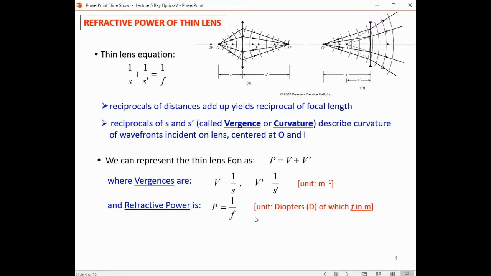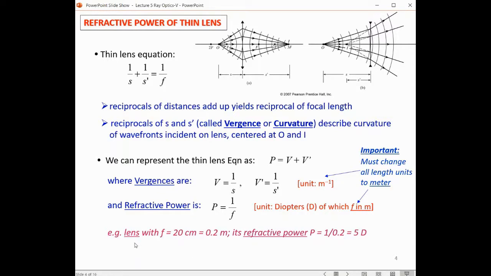The power is given in the unit of diopters, of which the focal length must be in the unit of meters. For example, for a lens with focal length of 20 cm, that would be 0.2 meters, and its refractive power would be the reciprocal of 0.2, and that would give us 5 diopters.